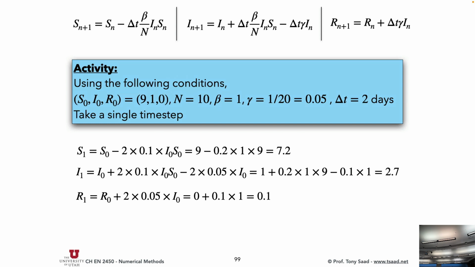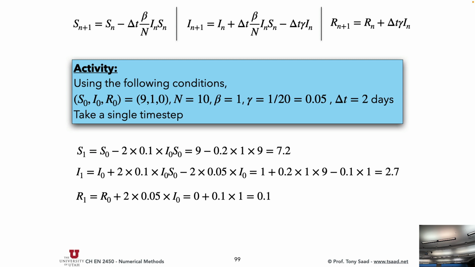You start at the initial condition at t equals 0, I0, S0, and R0, and take a single time step. That's going to take you to the next value, which we call S1, I1, and R1. Those are the values of the solution at t0 plus delta t, where t0 is 0 and delta t is 2 days. So that's what happens after 2 days of infection spread.